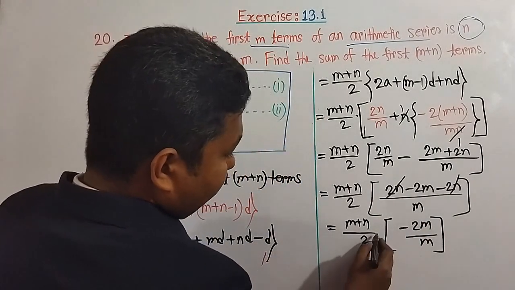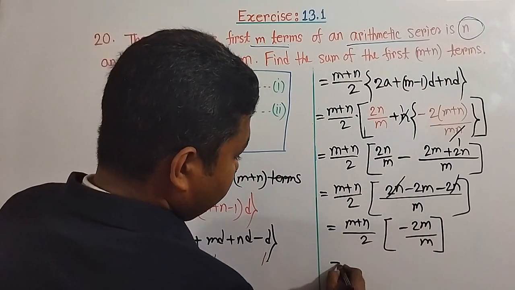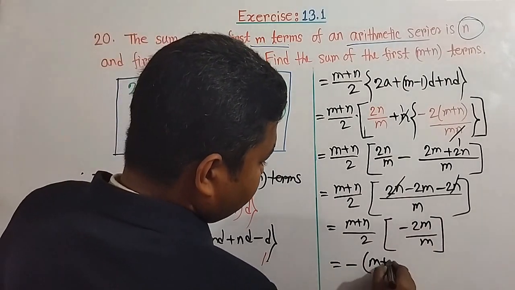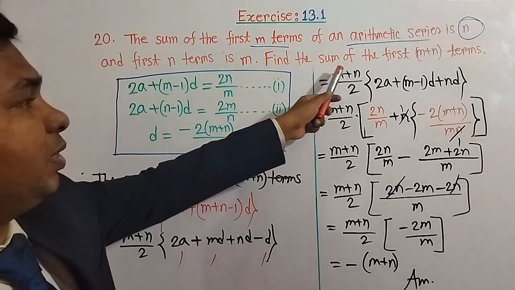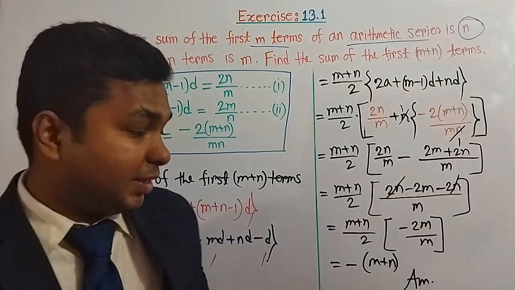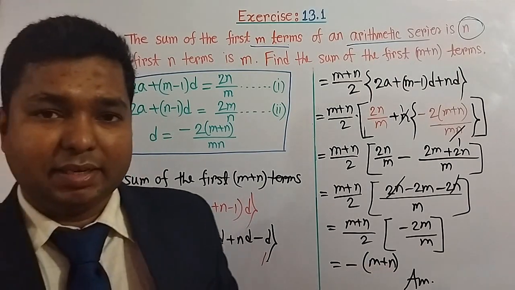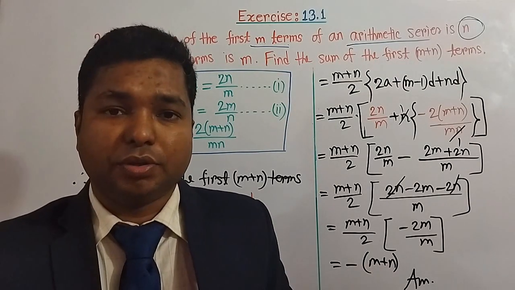Then by calculation we can write −(m + n), which is our required answer. So the sum of the first m + n terms is −(m + n), which is our required solution.